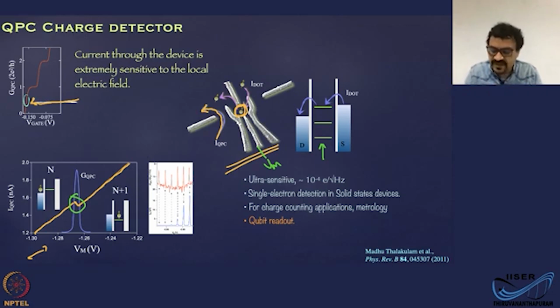Just like what is shown here, you have this dot, you add these gates, and you get two quantum point contacts, one on this side and one on this side. So it's easy to integrate the quantum point contact with other gated devices, and it finds a lot of applications in charge counting and charge detection in metrology or quantum computing technology.